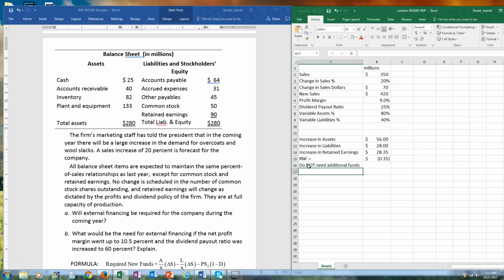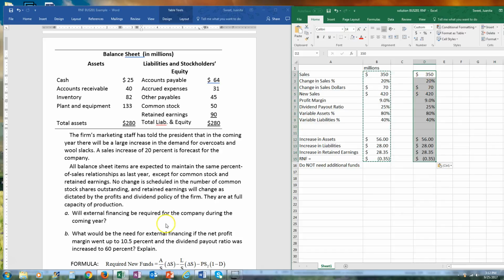But what happens if we were to change our ratios here? So I'm just going to copy my formulas over and do part B. So part B says, what if our profit margin was 10.5%?